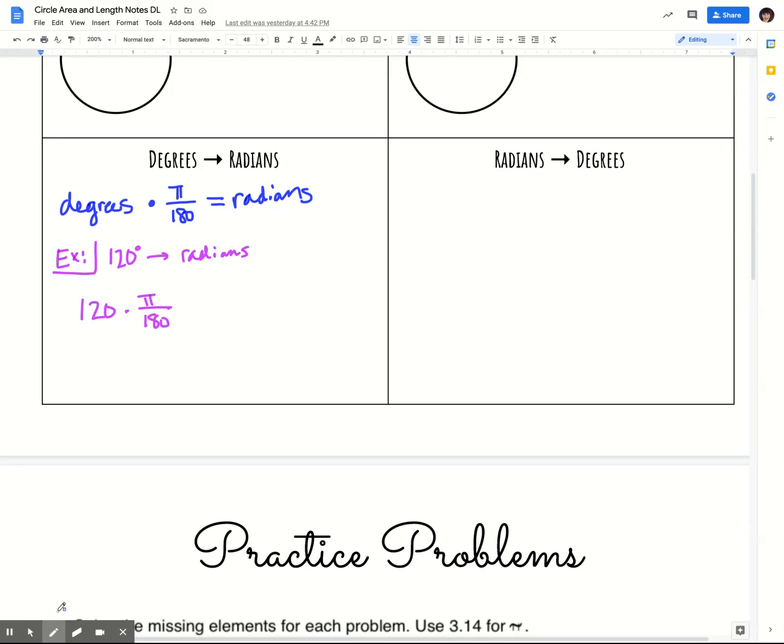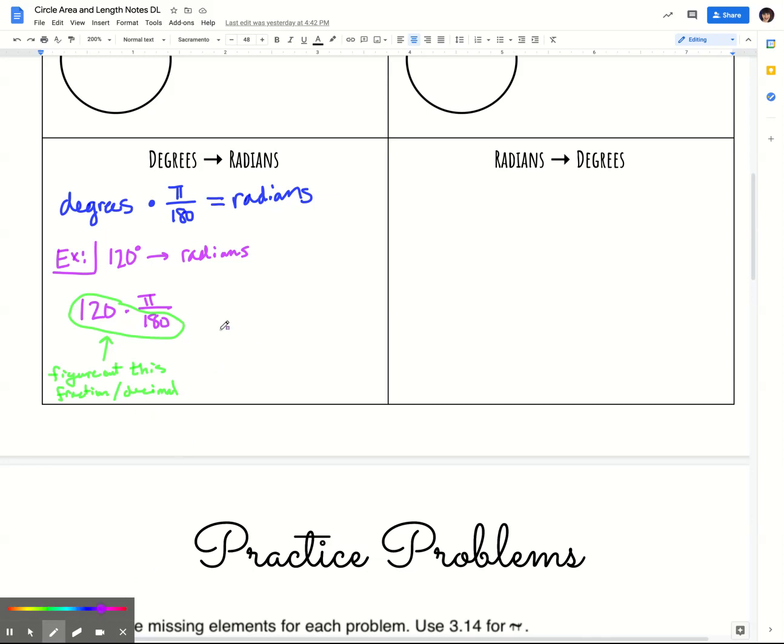The best thing to do is ignore the pi and just figure out what this fraction or decimal is, because you're going to stick the pi on the end regardless.